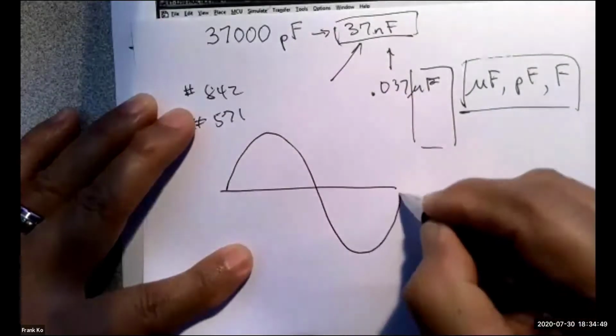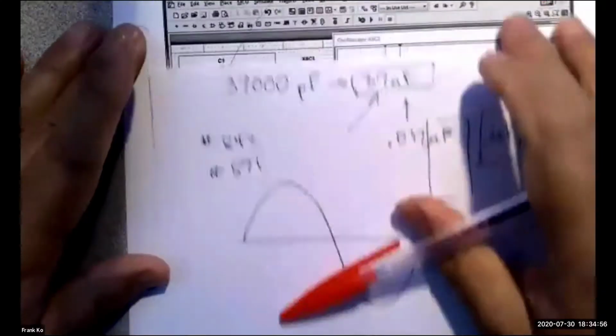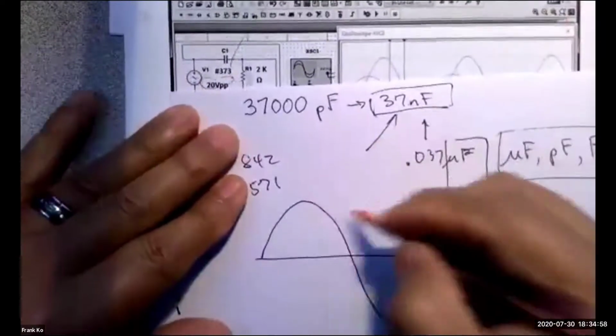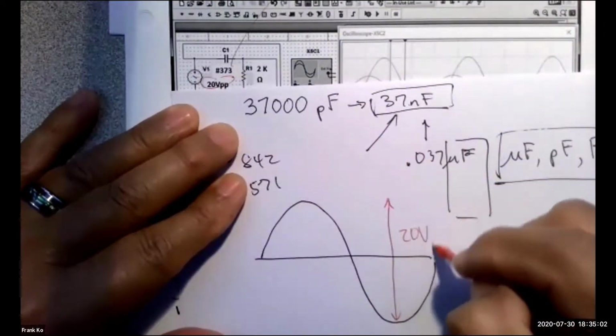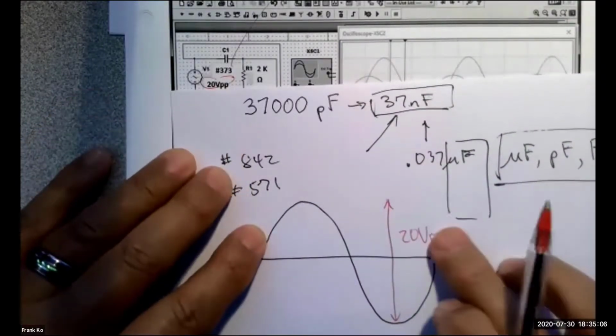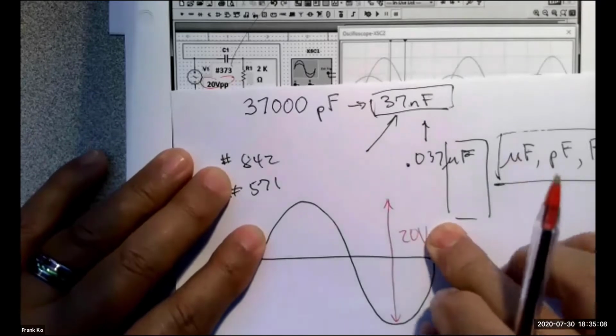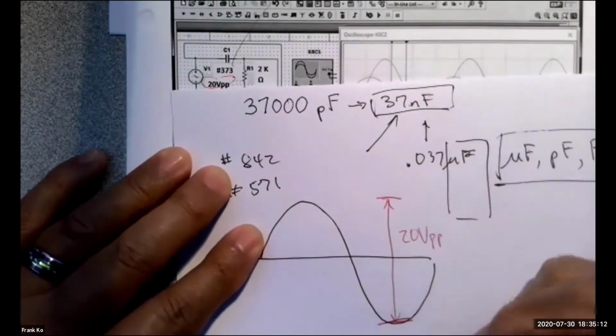All right, you guys, here we go. There's your waveform, yes? And it is specified in no uncertain terms on the drawing that you have a 20 volt peak to peak. It doesn't say RMS, it doesn't say single P, it doesn't have anything missing behind the V. It says 20 volt peak to peak. So that means from here down to here is 20 volt peak to peak.